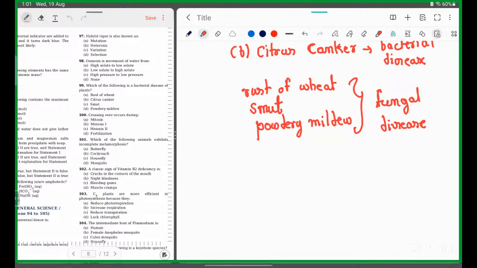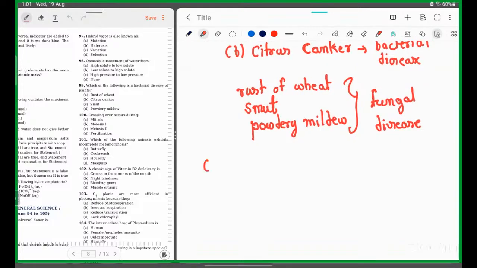So this is a phase of meiosis. Generally, what happens in meiosis? It is the division of haploid cell. You know what is a haploid cell? So let me first explain it, then I will tell you what the answer will be.